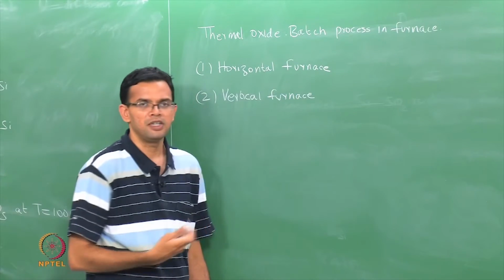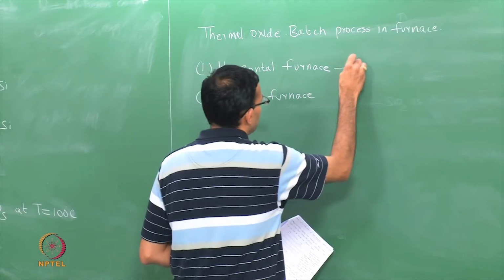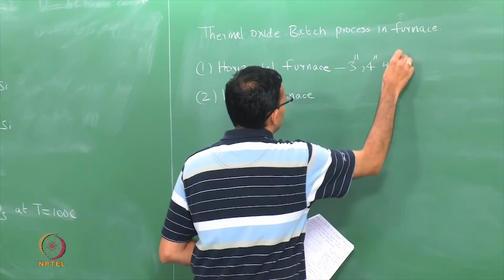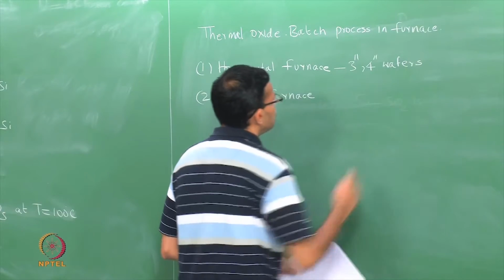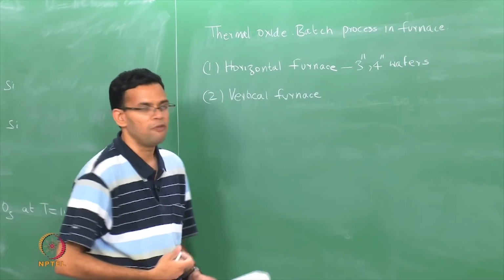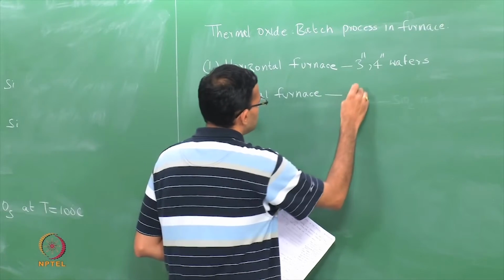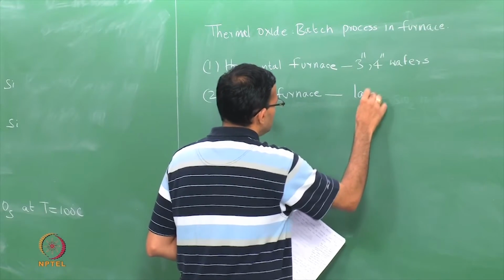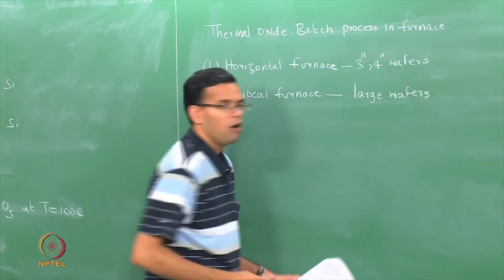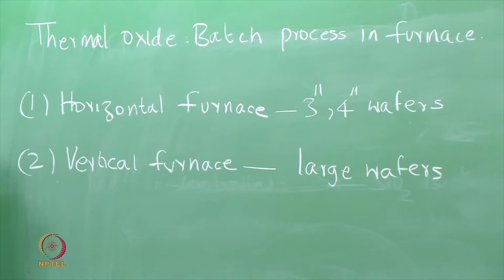Horizontal furnaces are usually present in, say, research labs where work is done on these small wafers. Vertical furnaces are usually used for large wafers. So almost always in all production fabs you will find vertical diffusion furnaces.